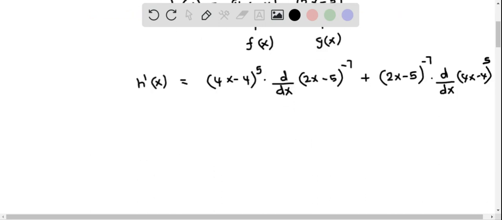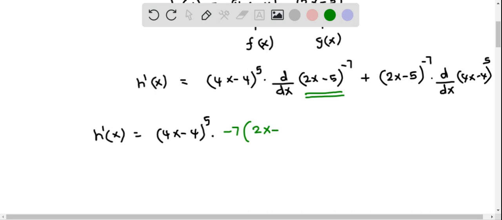That is on the left we have h prime of x, and this equals, I write the first term, that is (4x minus 4) raised to the power of 5, and we find the derivative of (2x minus 5) raised to the power of negative 7. We can use the power rule to find the derivative. So when we use the power rule, we put the power negative 7 and then put the expression 2x minus 5, raised to the power of negative 7 minus 1, which equals negative 8.